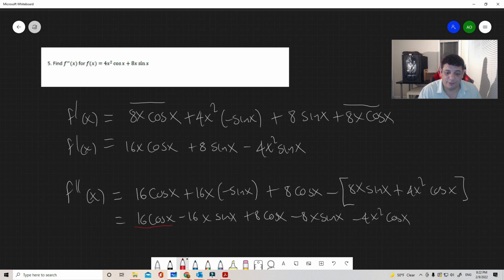So for example, 16 and a cosine of x, I don't have anything else, so these are going to fall together in 24 cosine of x. Also, minus 16x sine of x minus 8x sine of x, they can fall together as well. And they're going to become minus 24x sine of x. And finally, we've got minus 4x squared cosine of x. And that's the second derivative.